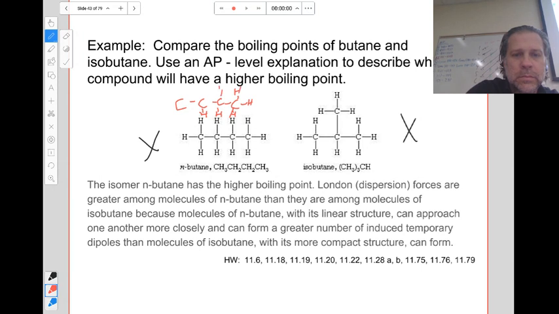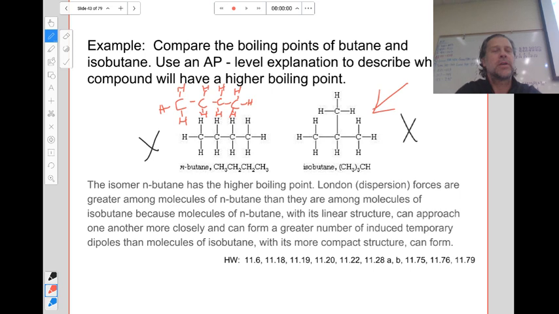Will we be required to know that linear structures are more attractive? This is what I'm trying to show you. Do you see how I stack these on top of each other, like literally stacking pieces of paper? This fits together a lot nicer than if I tried to stack another molecule here.